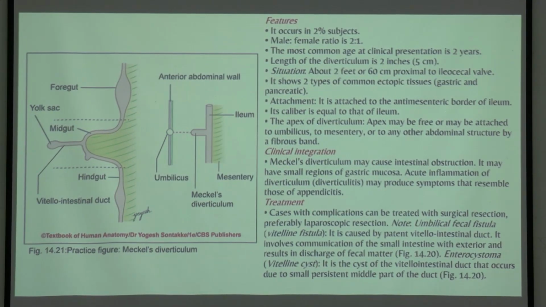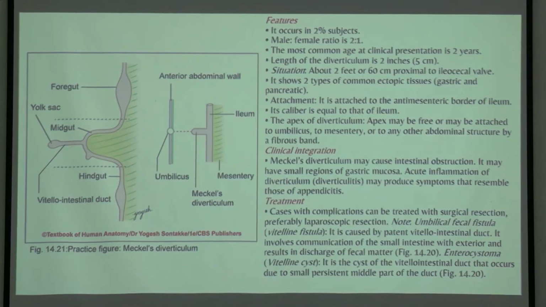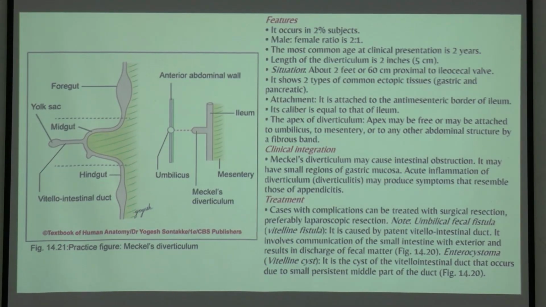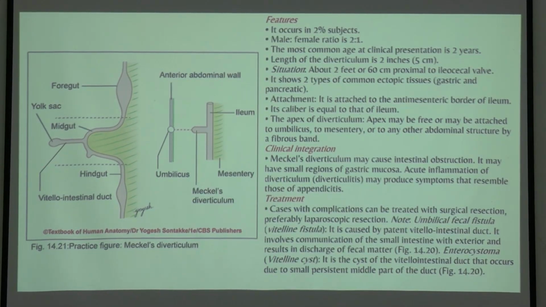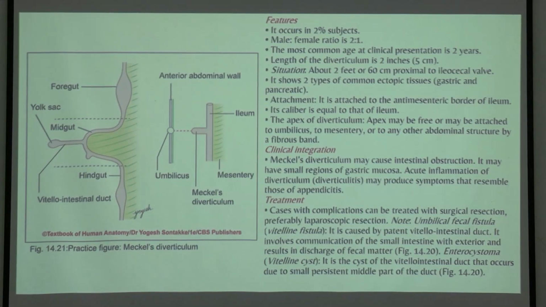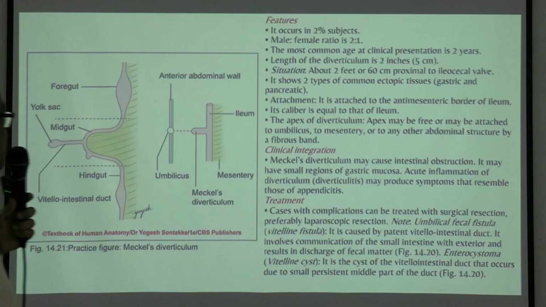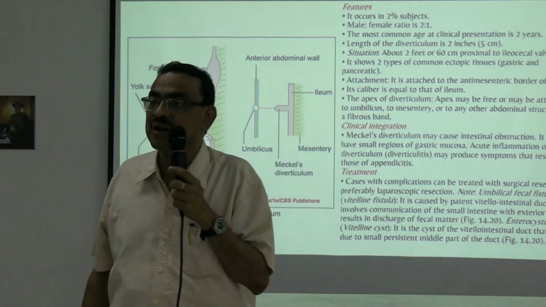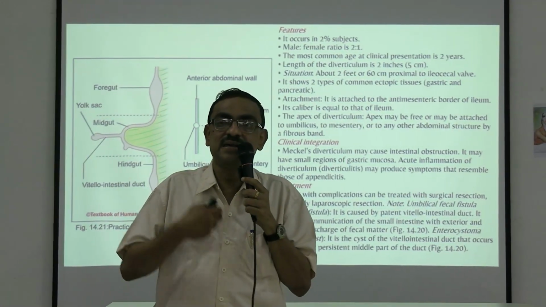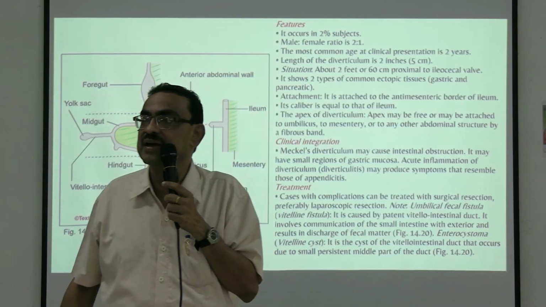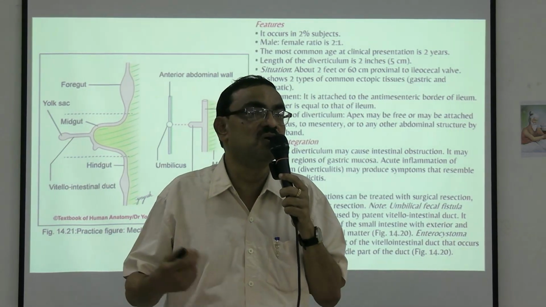And in 2% of cases, it might be malignant. It remains without our notice. Normally we do not know whether myself or any of you are suffering from Meckel's diverticulum or not. We do not know.